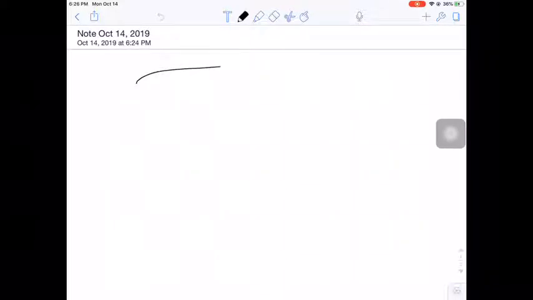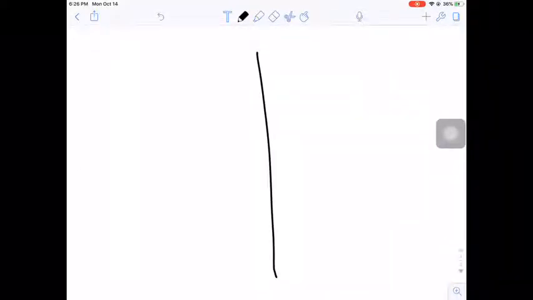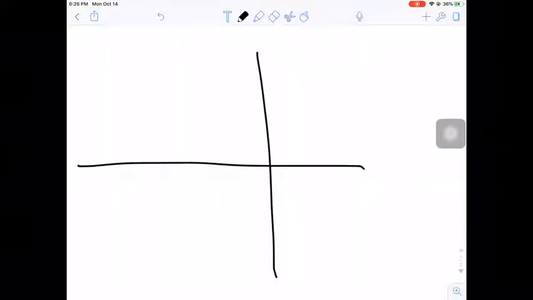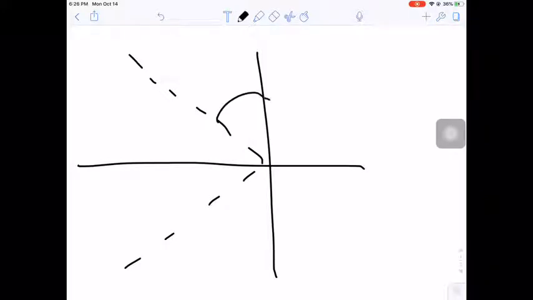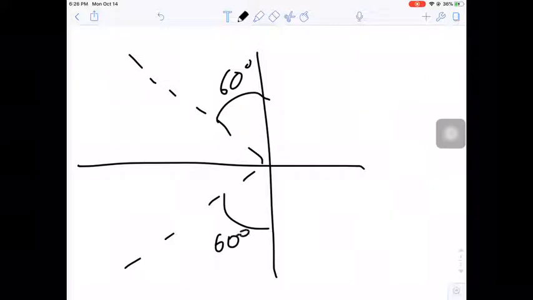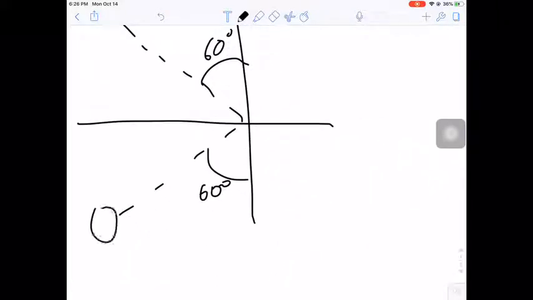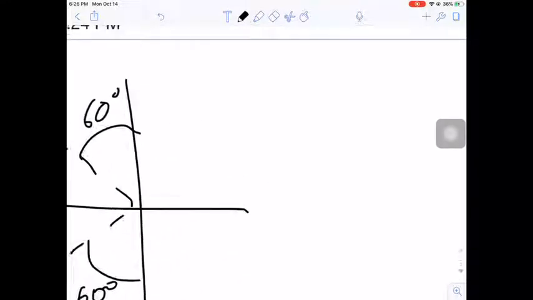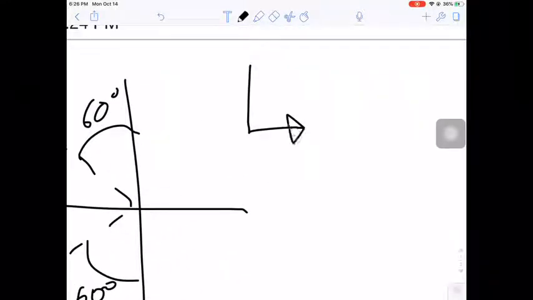So first, let's draw a picture of this. Here's the wall. This is the path it takes, 60 degrees, 60 degrees. And then we'll call up and to the right positive.